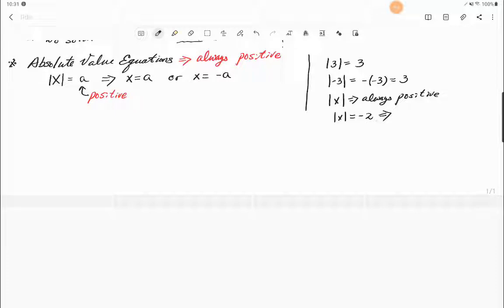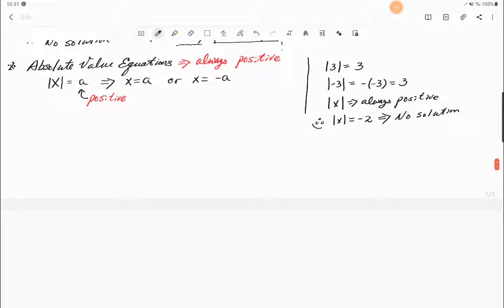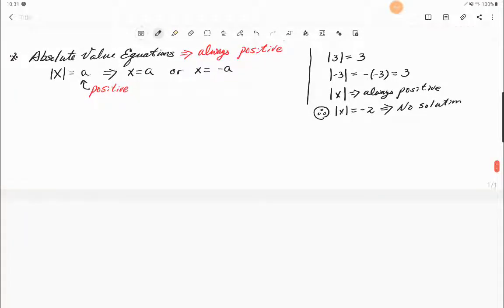Absolute value cannot be a negative, right? So in this case, there's no solution. No matter what the value of x, always the absolute value will become positive. It cannot be negative. So in this case, there's no solution, right? So this is how we can solve an absolute value equation.